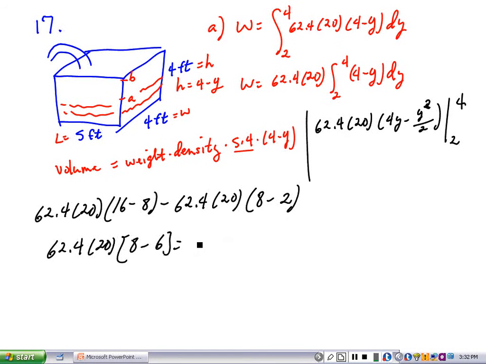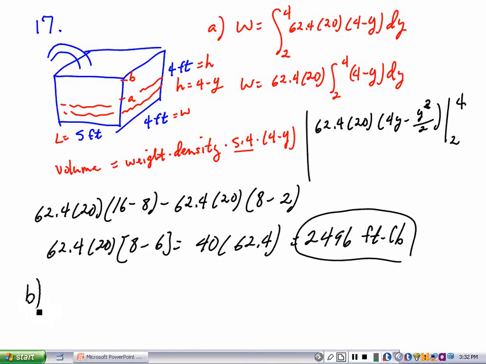So that gives us 2 times 20, 40 times 62.4. And so we calculate that. That gives us 2,496, and that's in foot-pounds, or pounds-foot, however which way you like to say it.